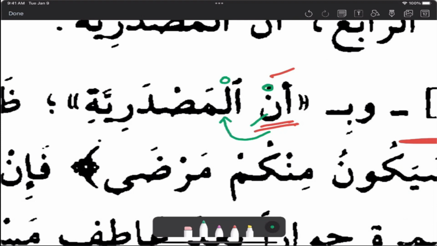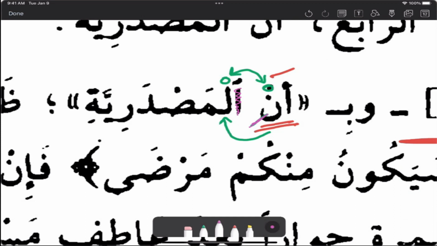That means you'd have 2 sukoons in a row, and you can't have that, because we're not going to read the alif there. So the only way to pronounce that is by giving a kasra to this noon. So you read this, وَبِأَنِ الْمَصْدَرِيَّةِ.